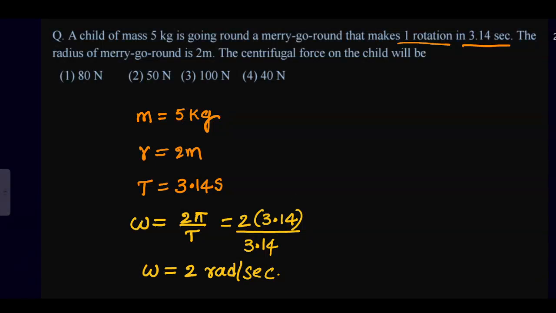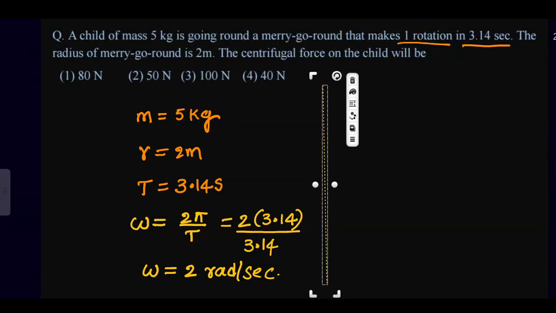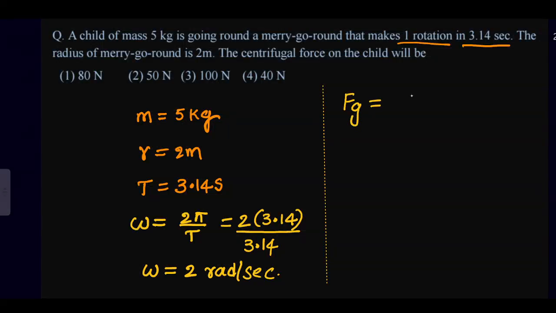Now they ask us to find the centrifugal force. The centrifugal force Fg is equal to the centripetal force, mv square by r, which is also equal to m r omega square.